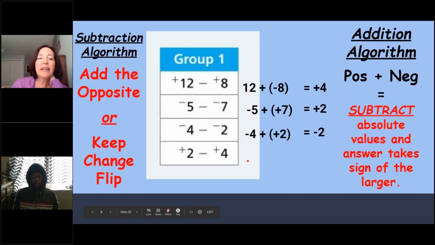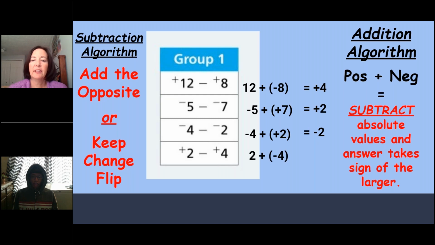Okay, so let's do the last one. +2 minus +4. Help me rewrite that one using keep, change, flip. Okay, so that would be a +2 plus a -4. Perfect. So then that would be a -6.